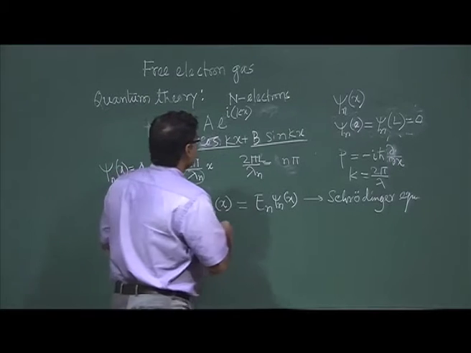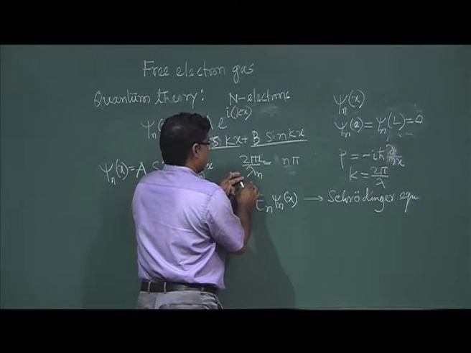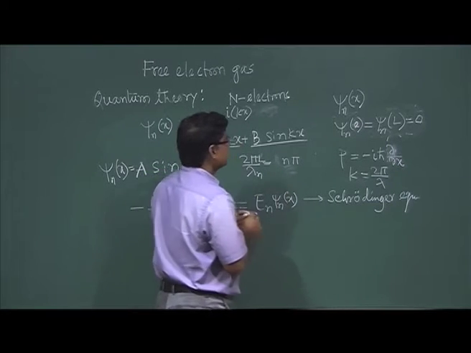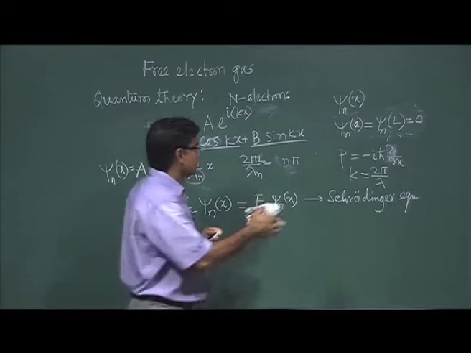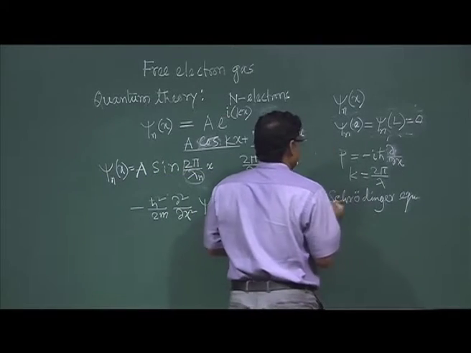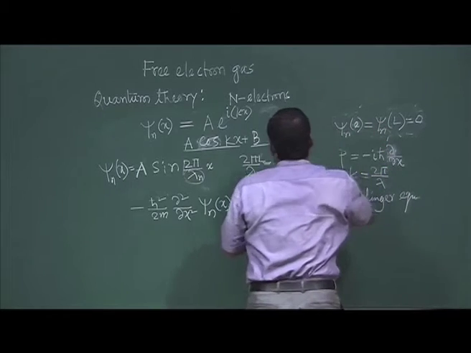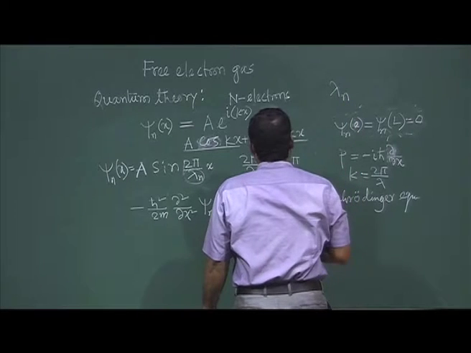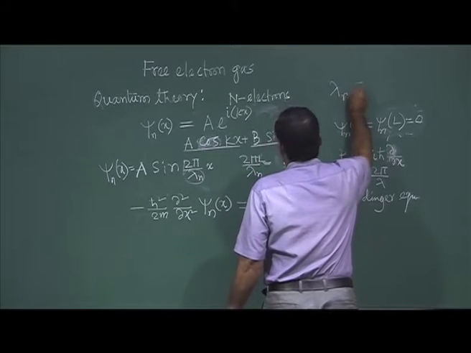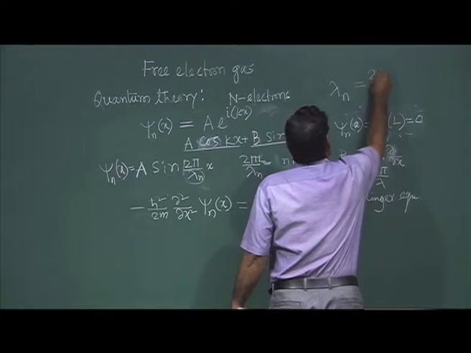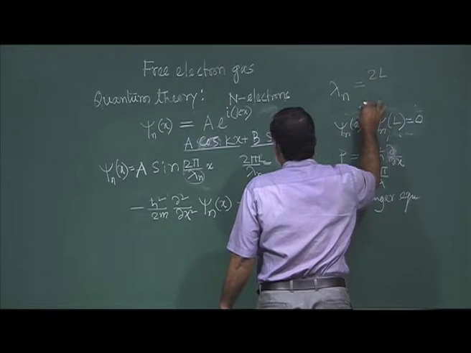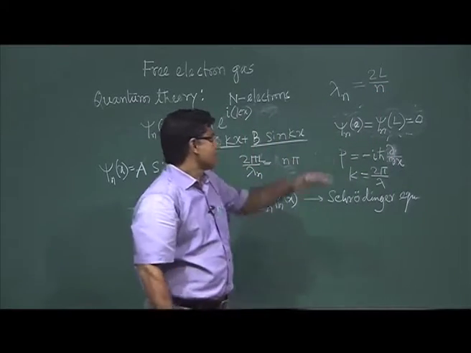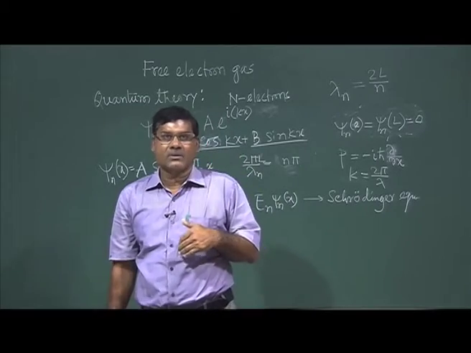Then from here, lambda n, I write here because I need this value later on: lambda n equal to 2L by n, for n equal to 1, 2, 3, 4.